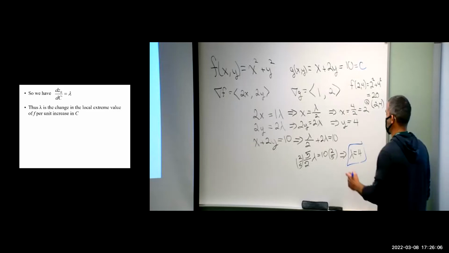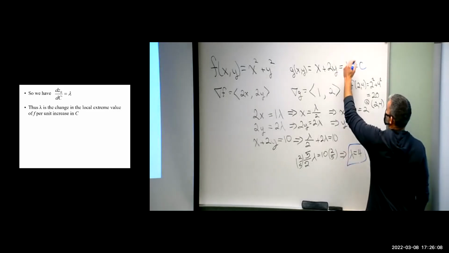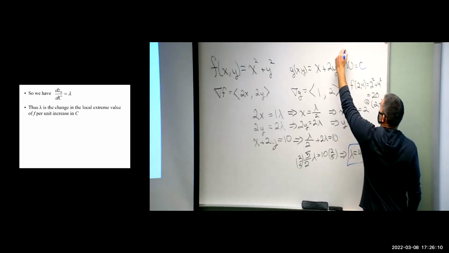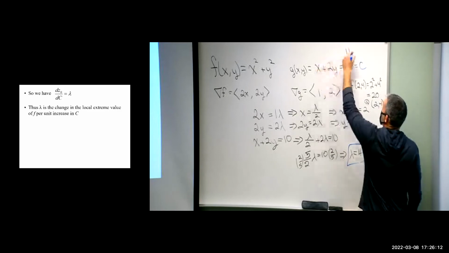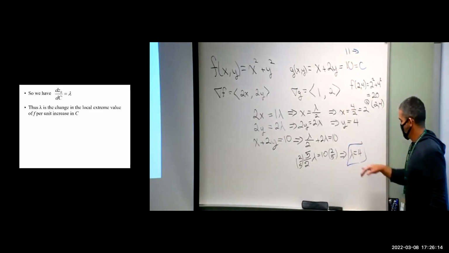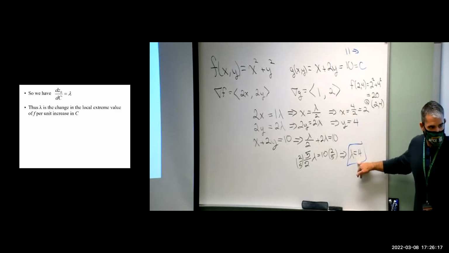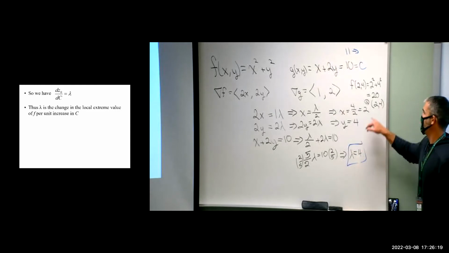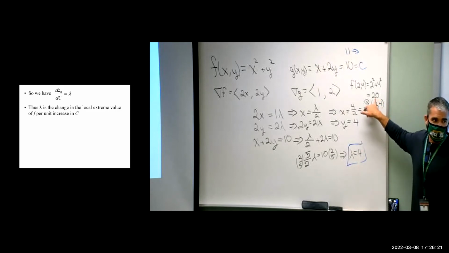So let's say I wanted to increase this from 10 to 11. Well, the fact that lambda is 4 is telling me that my optimal value would go up by about 4.